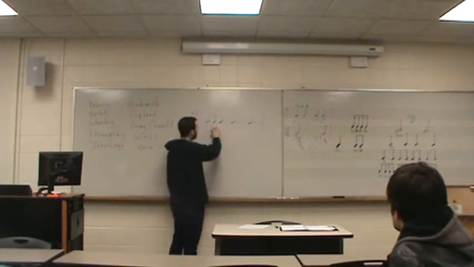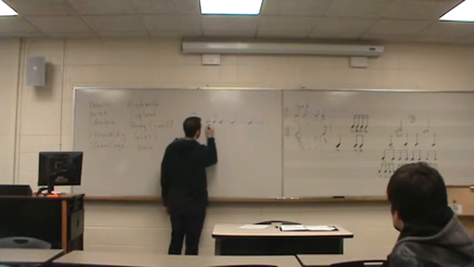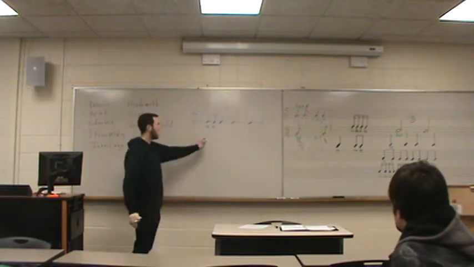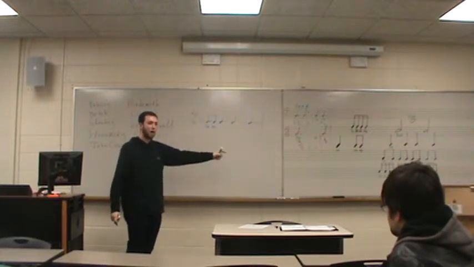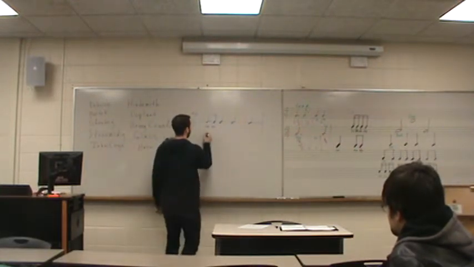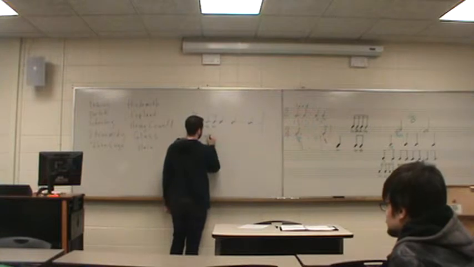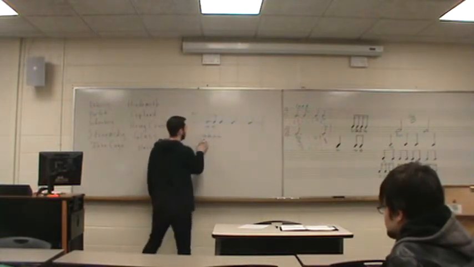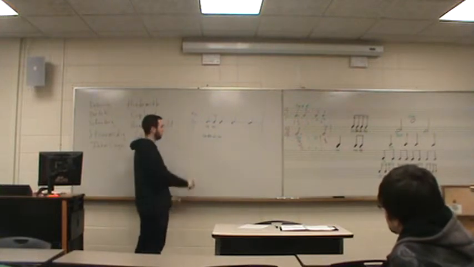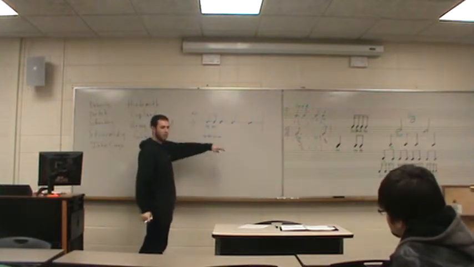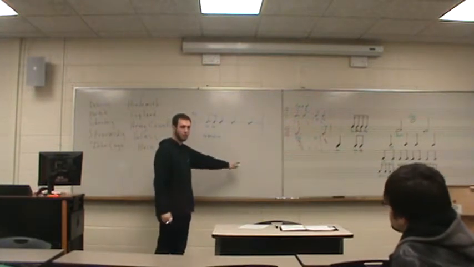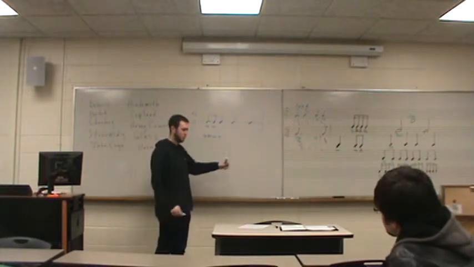So it would be ta, mi, ta, mi, ta, ta, ta, because you're skipping over these because it has the value of the dotted rhythm, right? Does that make sense for the most part?